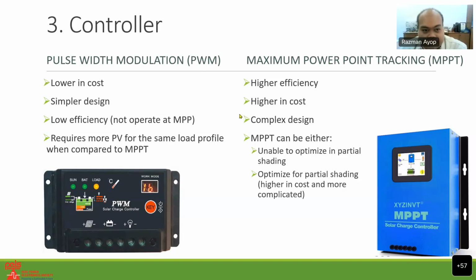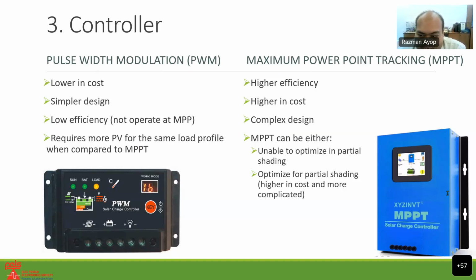Thank you for the question. Usually for a small system, you can use the lower cost PWM system. But for a bit larger system, it is better for you to choose the MPPT system because you need a lot more PV panels.